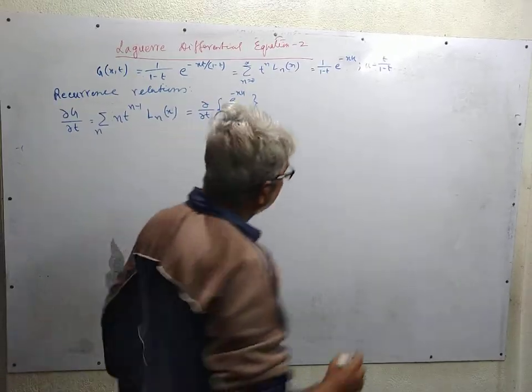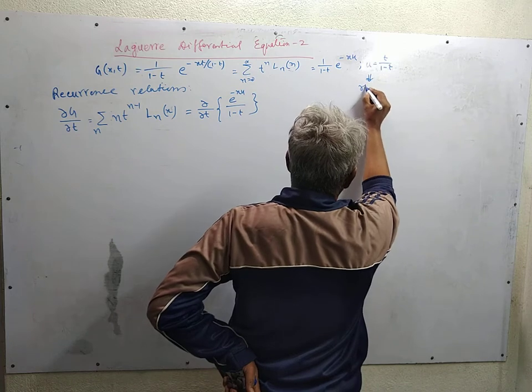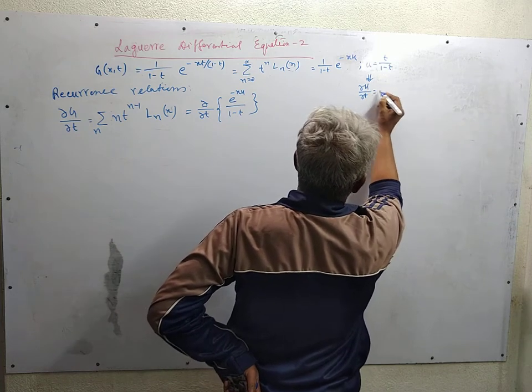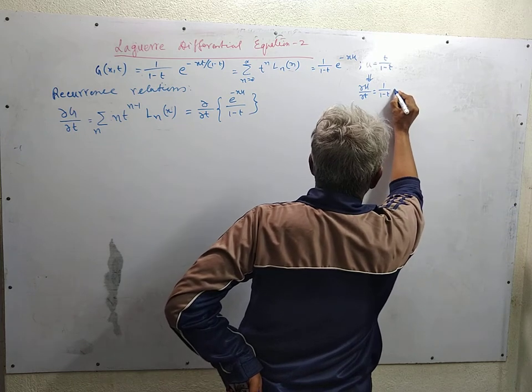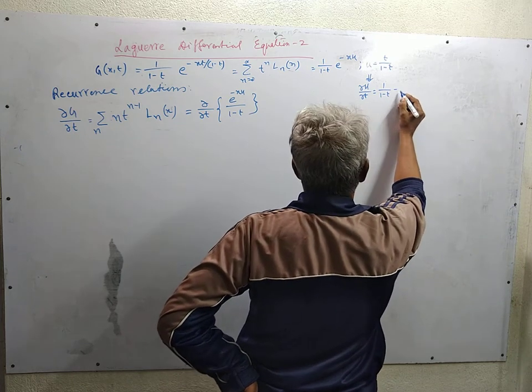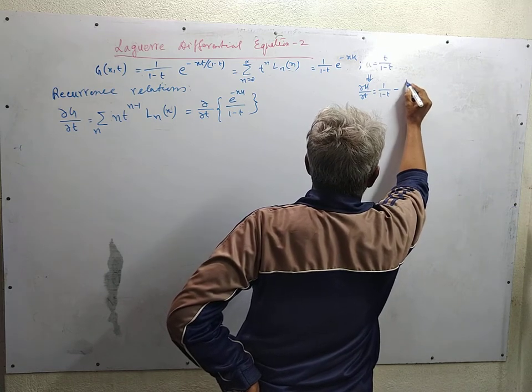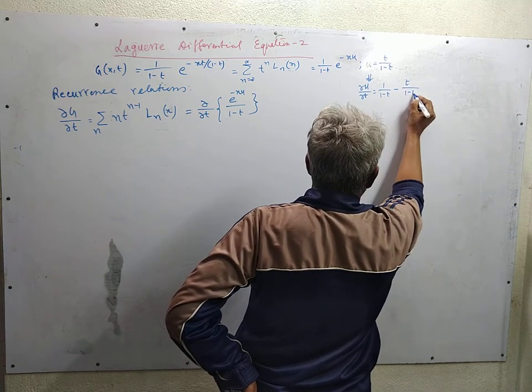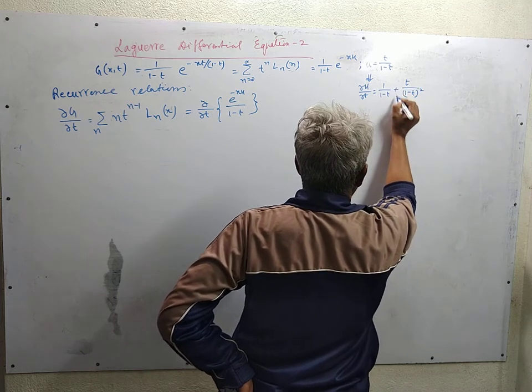And this is u, so this gives you del u del t is equal to 1 by 1 minus t squared.